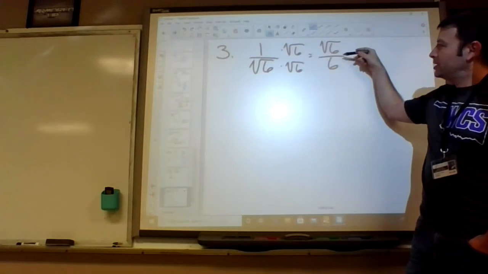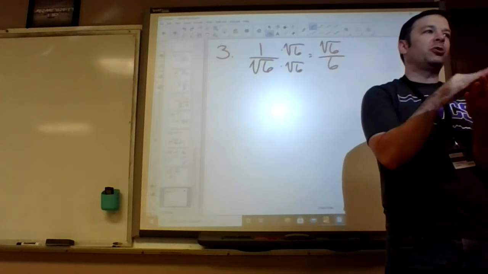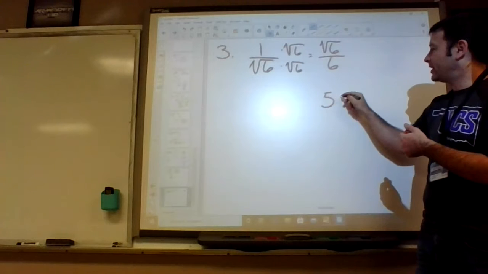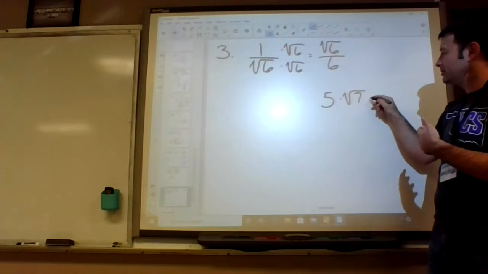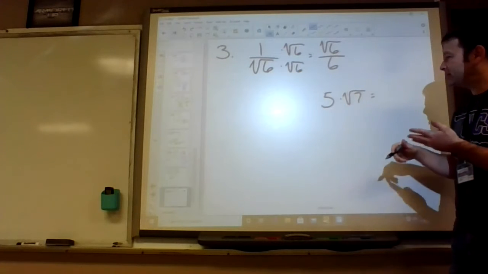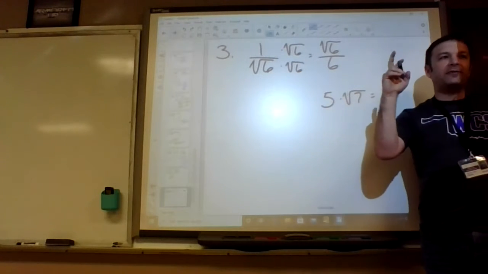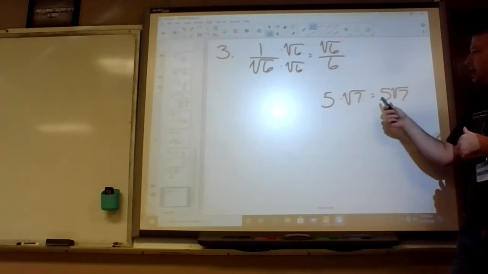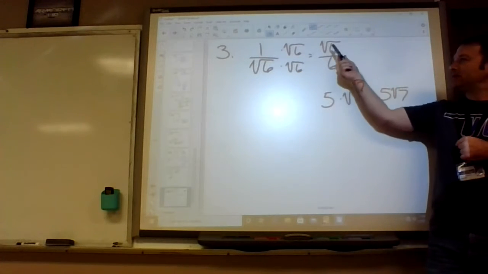You cannot multiply normal numbers with square roots, like 5 times square root of 7. You could plug that in your calculator and get a weird decimal, but the simplified version would just be 5 square root of 7. They don't mix. Same thing with dividing.